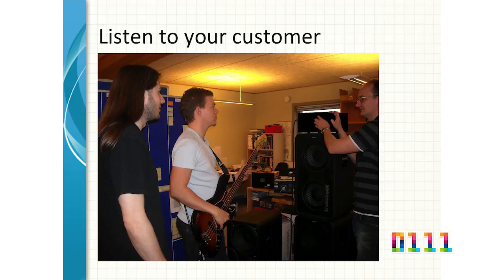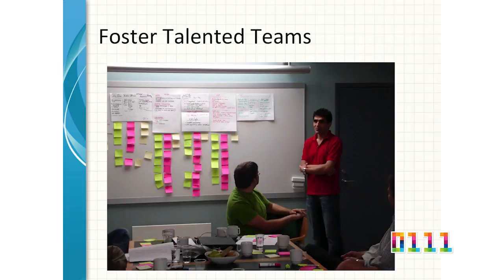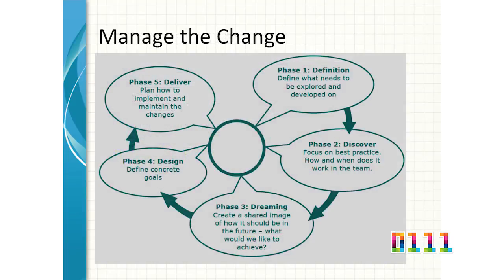Listen to your customer. Foster talented teams. Manage the change. That's always critical. You have an organization that's been doing waterfall development for years, and now you're saying, okay, we're going to go to Scrum. How do you manage that change? That's a tough one, right?